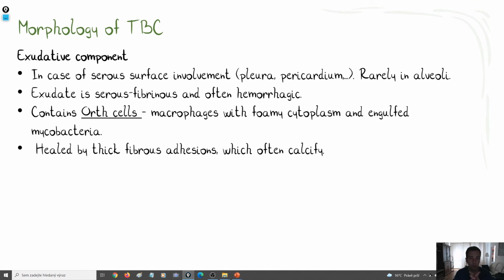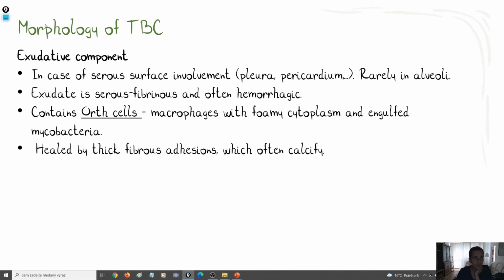And if it is truly hemorrhagic exudate, you should always consider two things. First is TBC, and second, carcinoma, because carcinosis, the spread of carcinoma on the pleural surface, is often associated with hemorrhagic exudate. So always consider cancer and TBC if you have a patient with, for example, hemorrhagic pleural exudate.